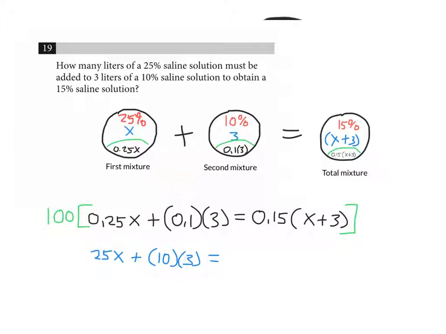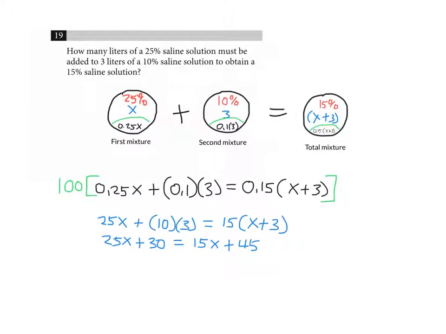When we multiply 100 times this entire clump right here, it only affects the 0.15. So this becomes 15 times x plus 3. Now I'm doing that to avoid decimal confusion land. So we still have 25x. 10 times 3 is easy. That's just 30. And then it's going to be 15x plus 45.